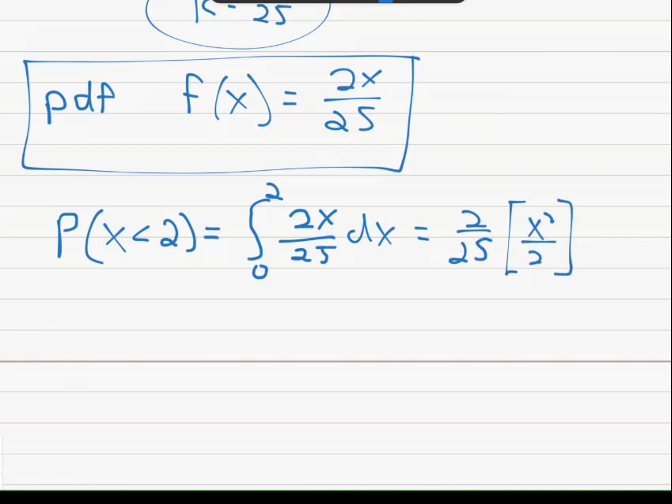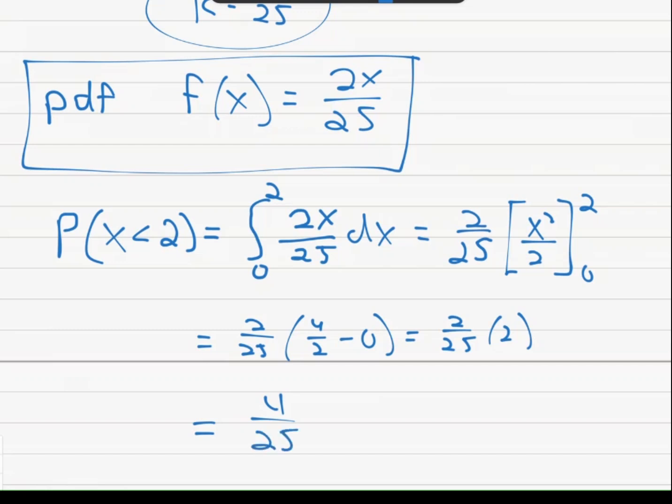Then I'm going to add my limits of 2 and 0. So I have 2/25 times 4 over 2 minus 0. So this is 2/25 times 2, which is equal to 4/25. So that's the probability calculation we just did with an integral.